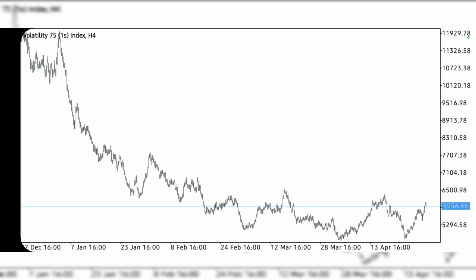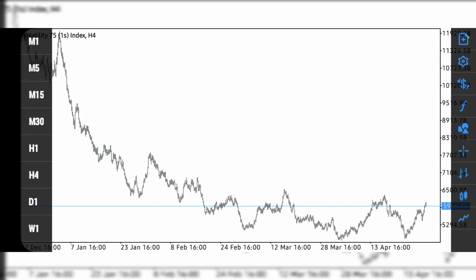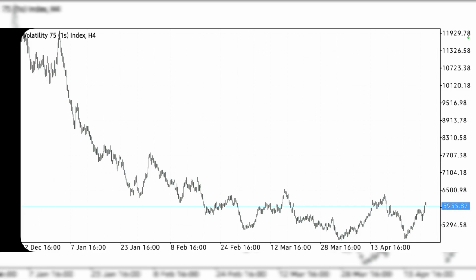We have the weekly time frame, the daily time frame, the H4 time frame, the H1 time frame, the 30 minutes, the 15 minutes, the 5 minutes, and the 1 minute time frames. They all have what they stand for, and if you don't know what they stand for, you are going to get confused and get trapped in the market anyhow.